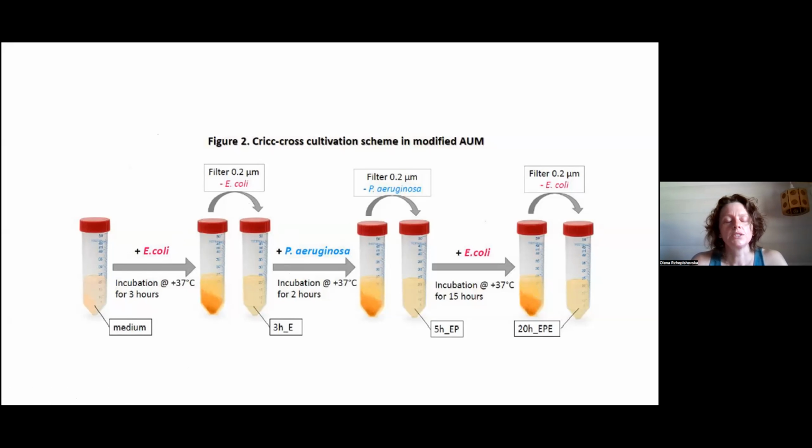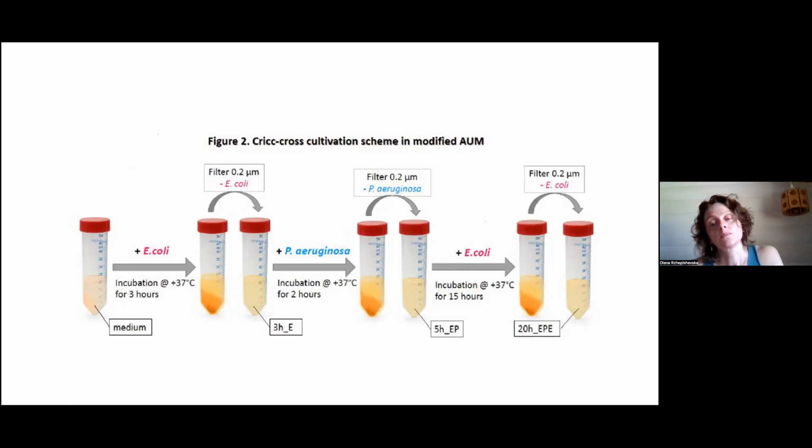What we wanted to achieve is that Escherichia coli will start metabolizing something that exists in the media, then you remove it, stop this metabolizing, add Pseudomonas, and see how Pseudomonas is using the products produced by E. coli. Then we do this for 2 hours, and again filter away the bacteria and add new E. coli from the same clinical pairs that I showed you, the pairs of Pseudomonas and E. coli.